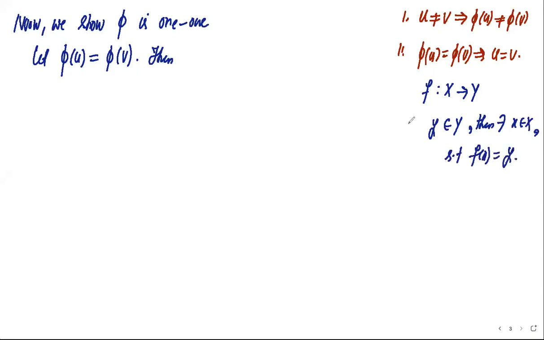This is how we show onto, for all. Okay, so this is how we show 1-1. These are two different ways of showing whether a mapping is 1-1 or not.